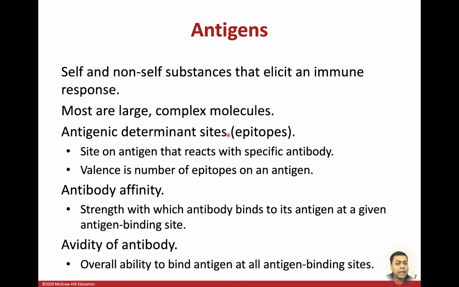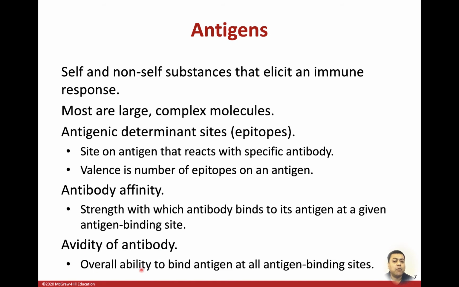The important point is that if all three epitopes can bind to three different antibodies at the same time, it has a higher avidity. On the other hand, if one antibody, once bound to that antigen, blocks binding of antibodies to the two other epitope sites, then the avidity is less.